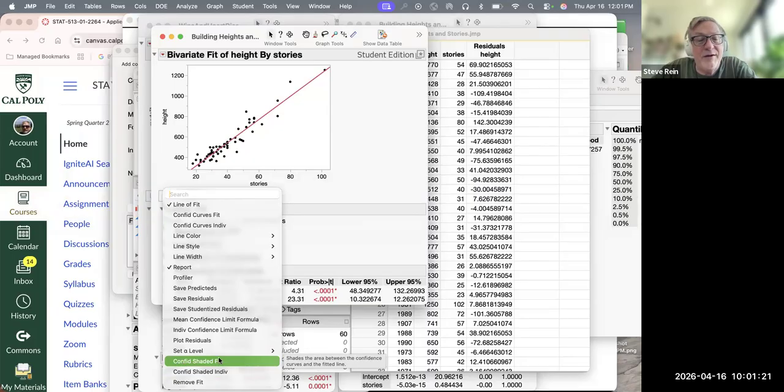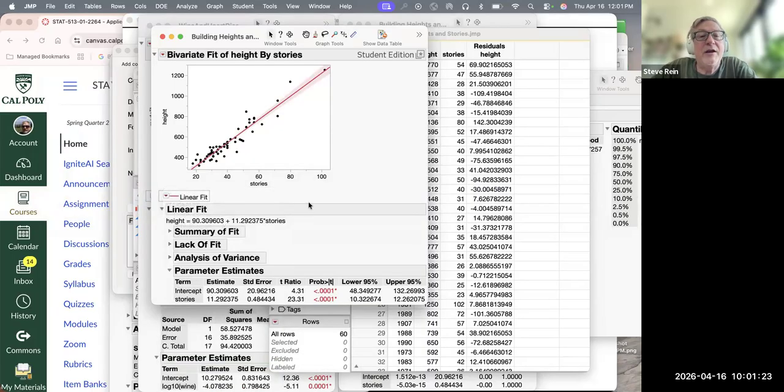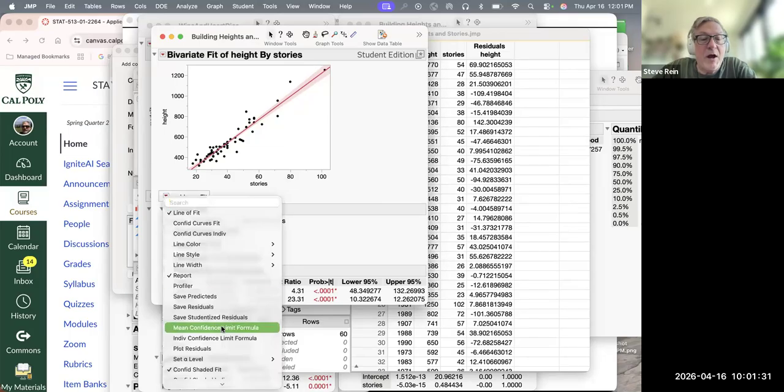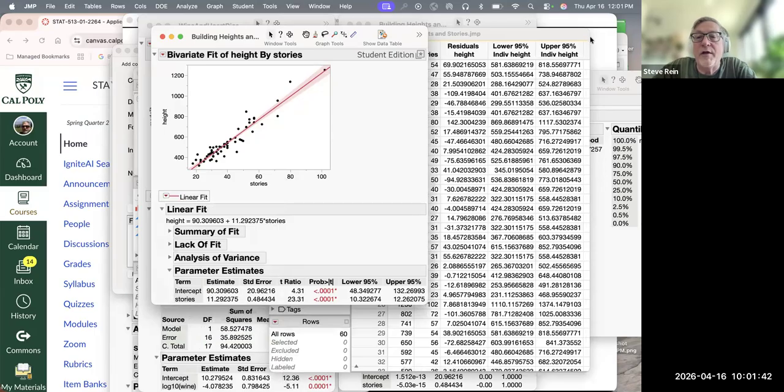So confid shaded fit. I'm shading in here a range where, depending on the x, we believe the average y is likely to be. If I want to highlight that, confid individual limit formula should give me 2 new columns, literally the lower and the upper value.